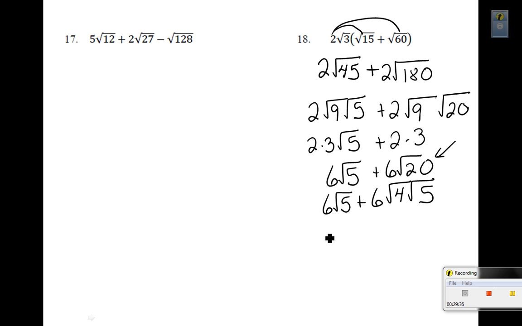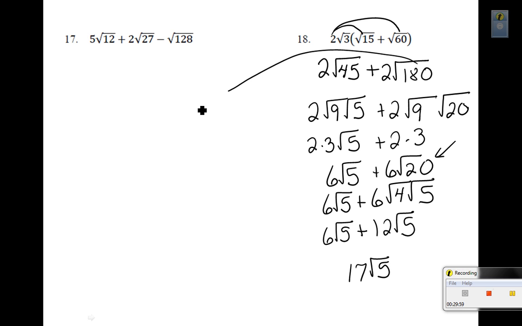Final answer: 6 radical 5 plus the square root of 4 is 2 times 6 is 12 radical 5. Ending answer looks like 17 radical 5. It also means this, guys: when we looked at 180 earlier, if I would have thought of that as 12 and something, I could have got that answer a little quicker.